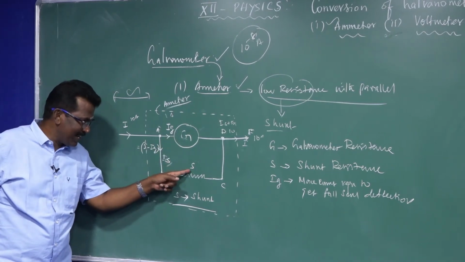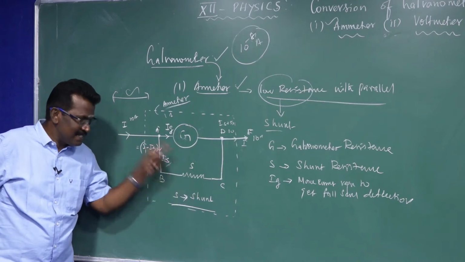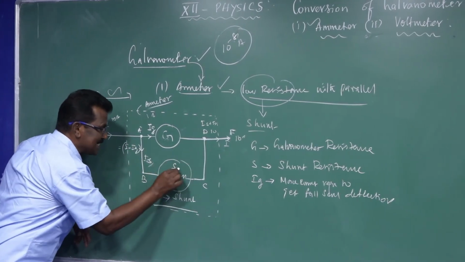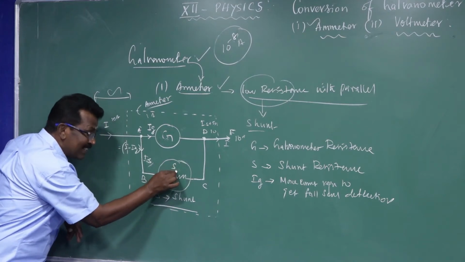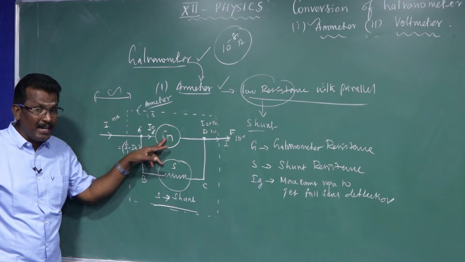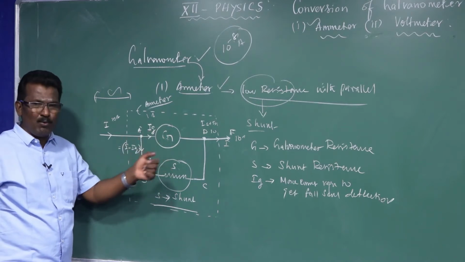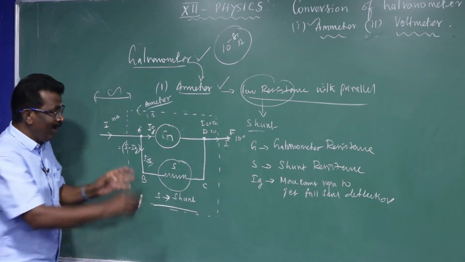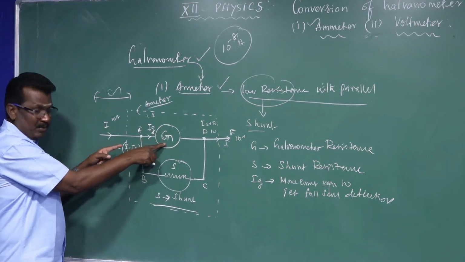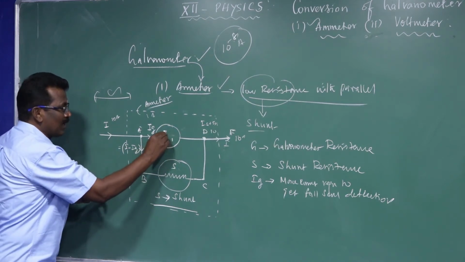The current flowing through the shunt is IS, and the value of the shunt is S. By using this, we are going to calculate S. The value of shunt resistance, whether 1 ohm, 2 ohm, 3 ohm or 0.1 ohm, 0.2 ohm, depends on the fraction of the total current flowing through the galvanometer.